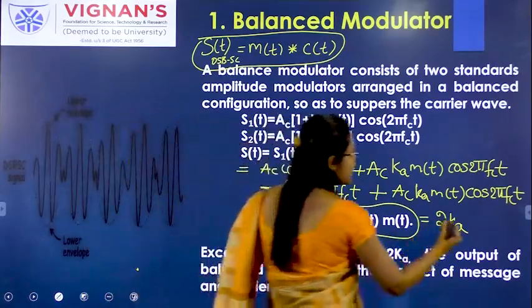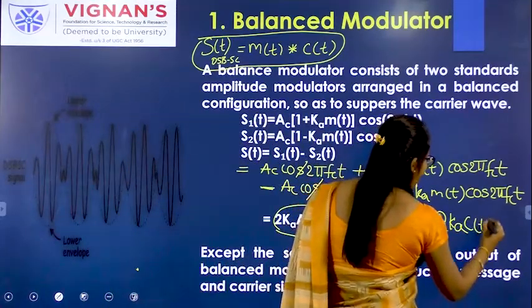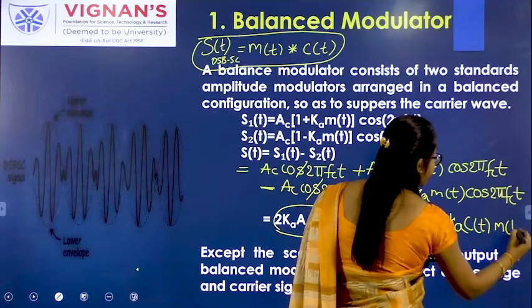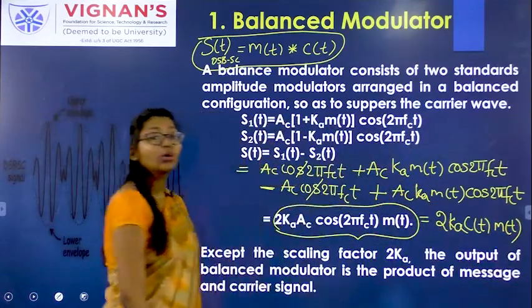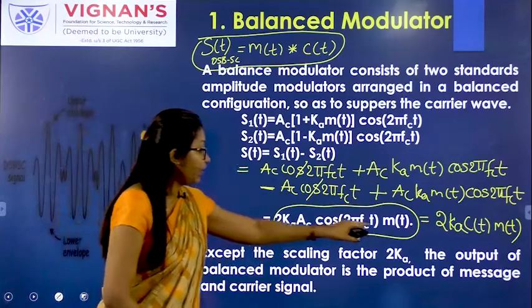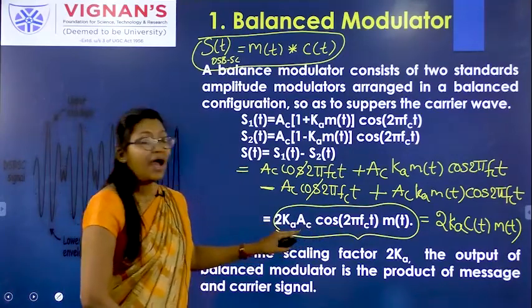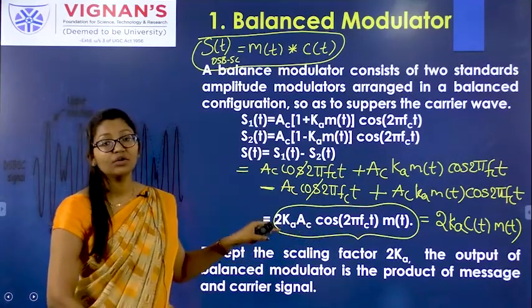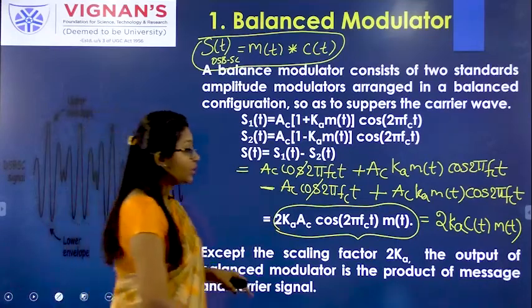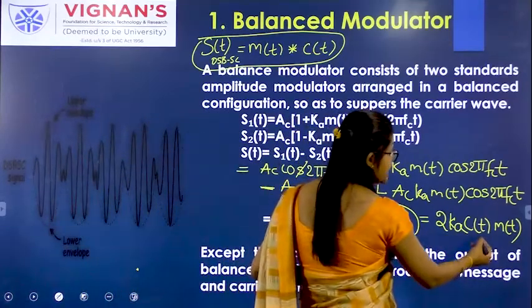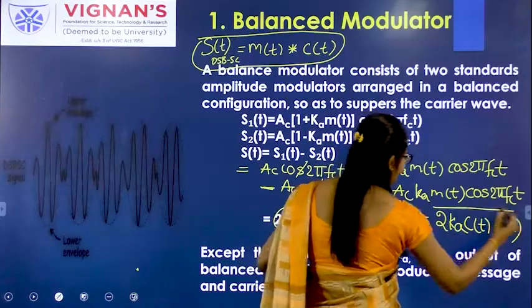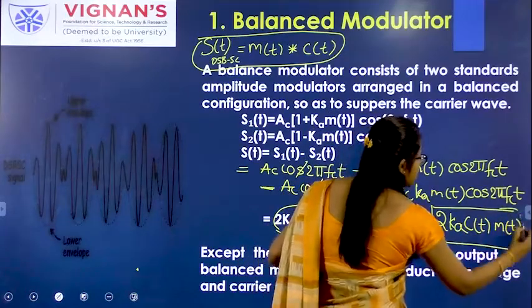That is your carrier signal, C of t, into m of t, right? 2 Ka m of t into C of t, where m of t is your message signal and the carrier signal is AC into cos 2 pi fct, right? 2 Ka C of t into m of t. This is the final output.